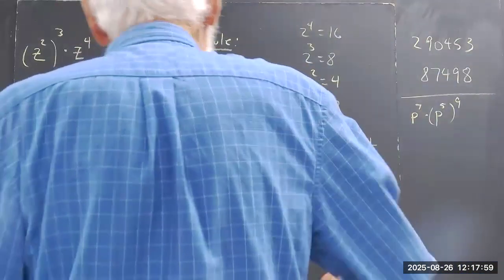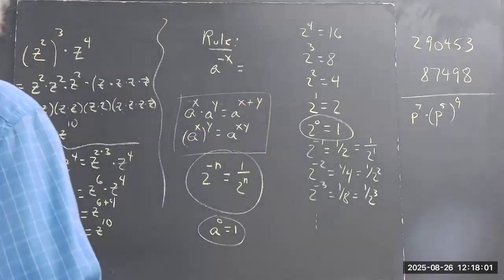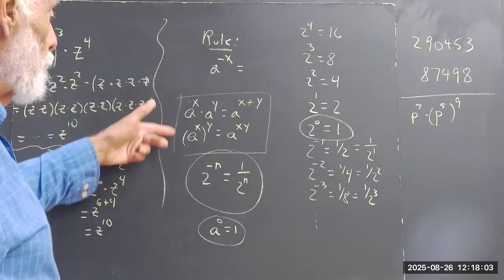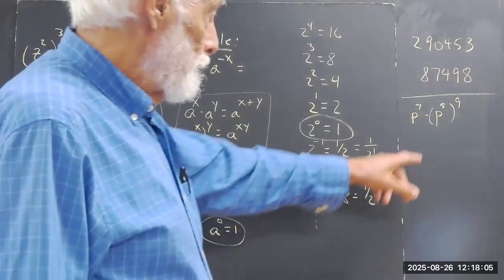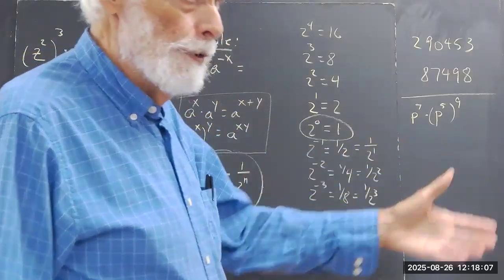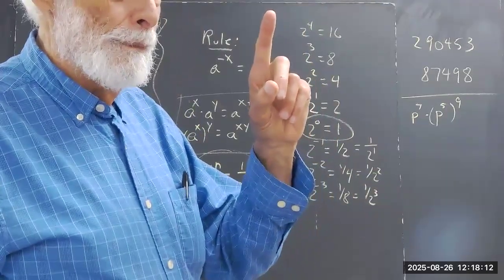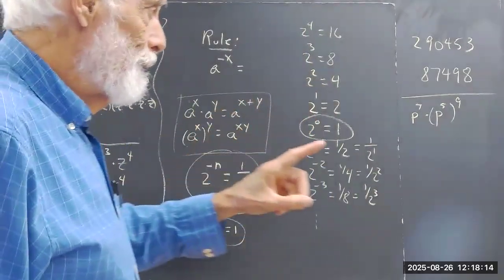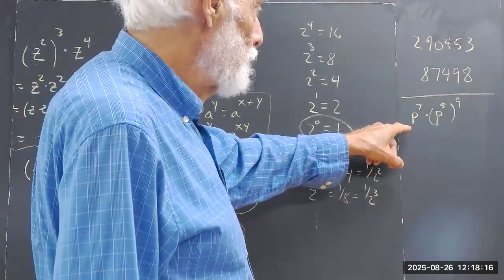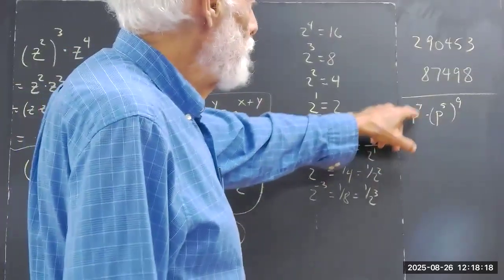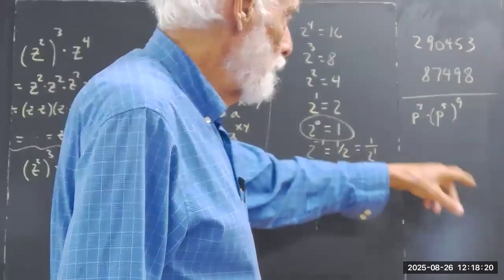Okay, some people still having trouble with this, so let's identify which of the 4 rules will apply here. Which of the 4 rules can you use? If you say the first rule, you can't say that because you don't have p to a power times p to another power.